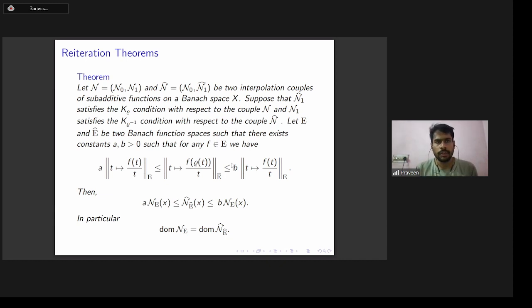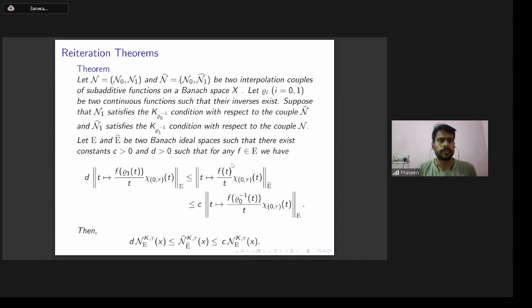Now we have one more reiteration theorem, where again we are taking the same couples: the first couple N naught, N1, and the second couple N naught, N1 hat. Again these four functions are subadditive functions where the first function is the same.